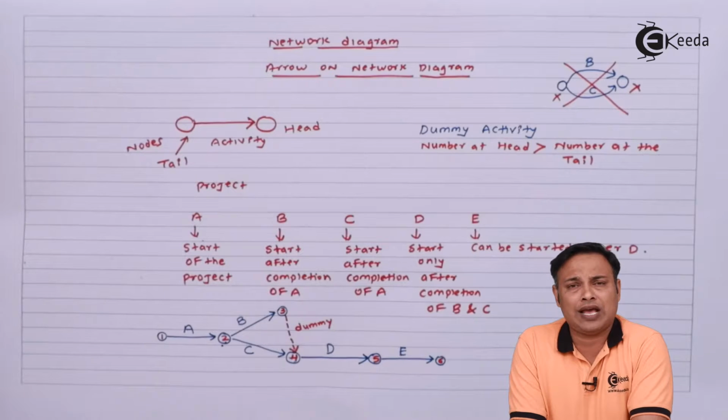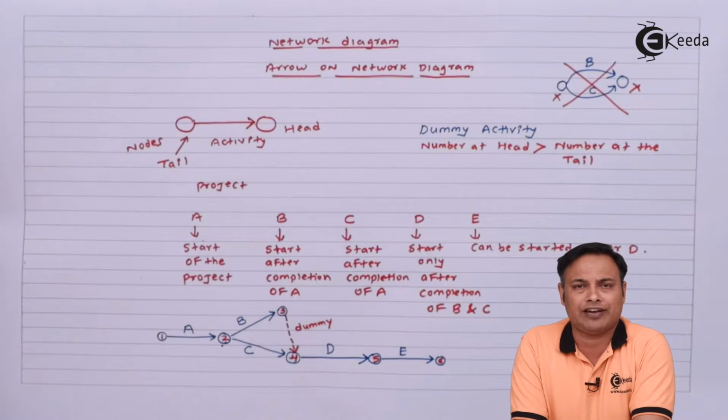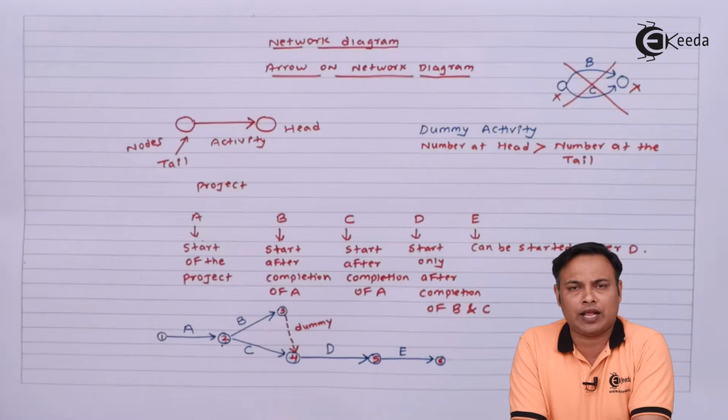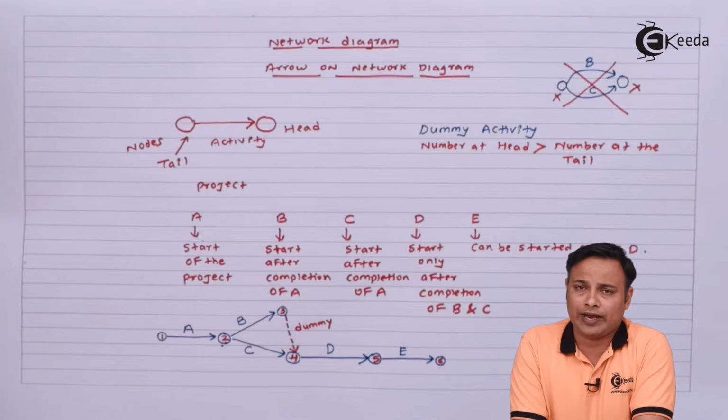So with this we have completed our first example of how to draw a network diagram, and we have learned few things, that the flow of the diagram should be from left to right. Second, no two activities will have common head as well as common tail.